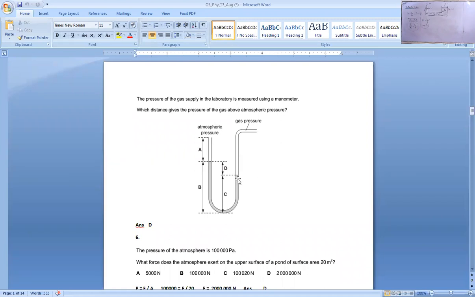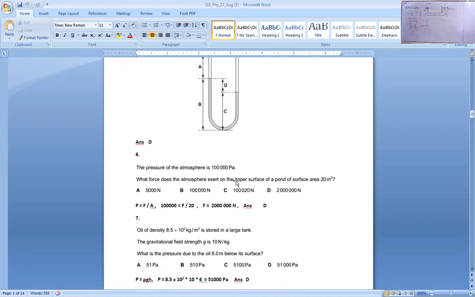That is the difference of the two levels. So the difference of the two levels in the right tube and in the left tube is D. So D gives us the pressure of the gas above atmosphere, means more than atmospheric pressure. The pressure of the gas is length D more than the atmospheric pressure.